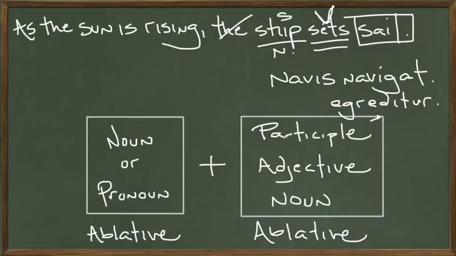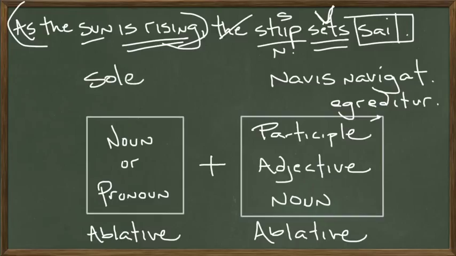Navigat. When does the ship sail? The ship sails as the sun is rising. Now, this is happening right now, so we're going to use a present participle. So we have "the sun is rising," but literally we're going to say "with the sun rising," "as the sun rises," "while the sun rises," and we're going to do that with an ablative absolute. So we put sun in the ablative, sole, and then we take the word rise, oriens, and make it a present participle.